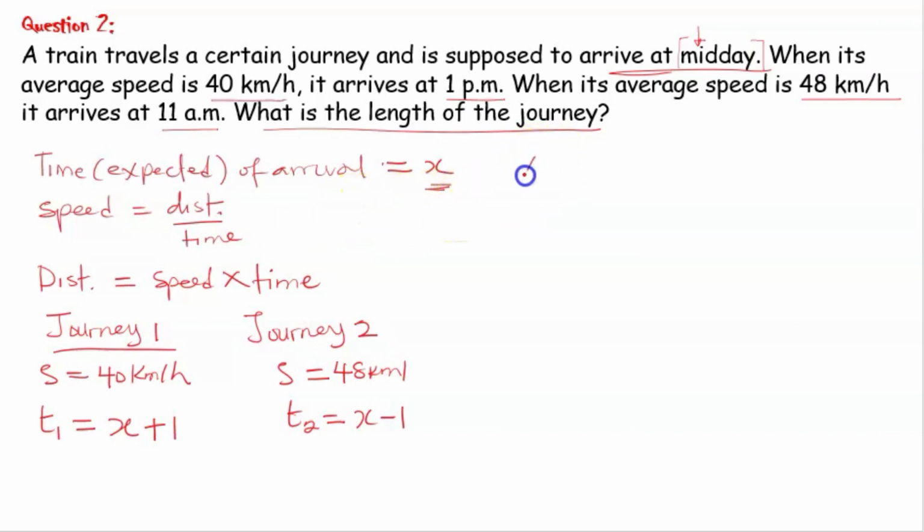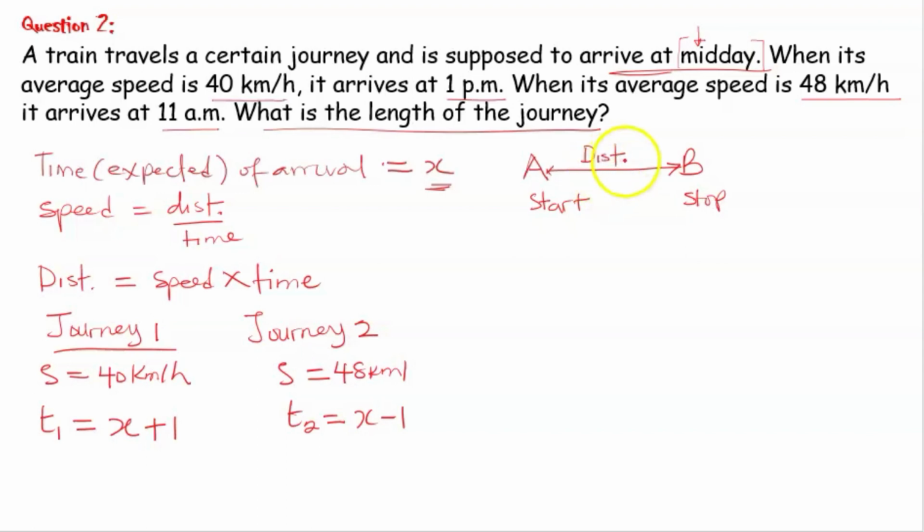So let's assume the train is moving from point A to point B. This distance did not change. It's starting from here and it's stopping here, though the speed at which the train travels in each case differs, but the distance did not change.